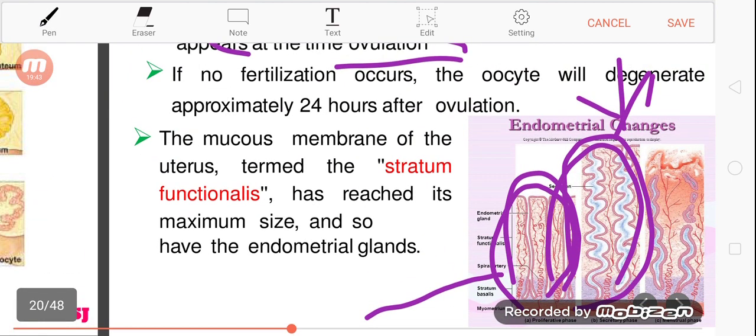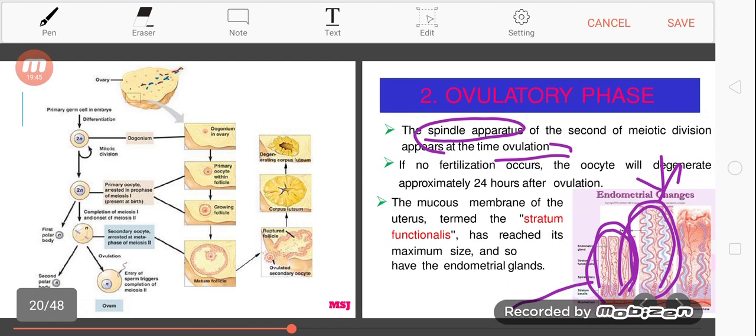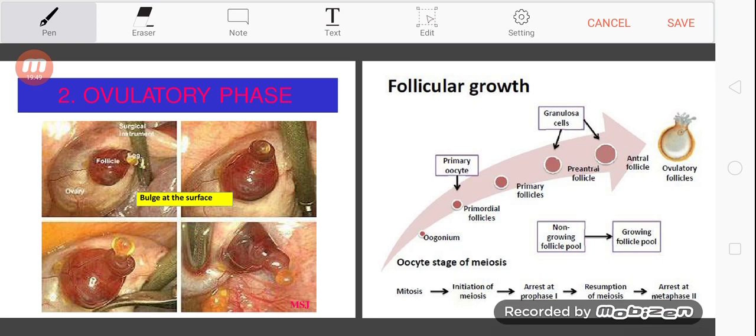So this is the overall process from the pre-ovulatory into the ovulatory phase. You can see the bulge at the surface, and the proteolytic enzyme does its work and then it is expelled out.